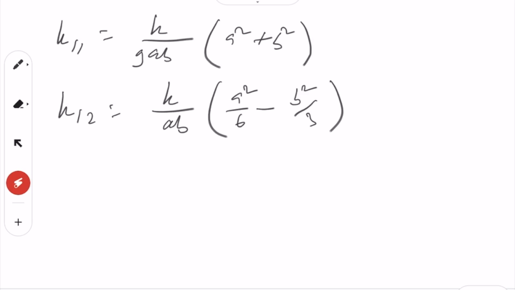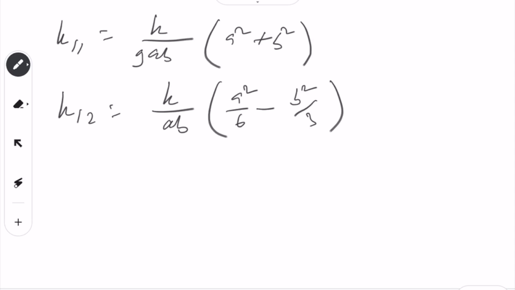We also have terms del n1 over del x multiplied by del n2 over del x plus del n1 over del y multiplied by del n2 over del y. So we have to be careful here. There is a plus sign there, so terms will be separate, we cannot multiply them together. But ultimately these are doable. So we have found k11, k12. Similarly we can find out the other values.